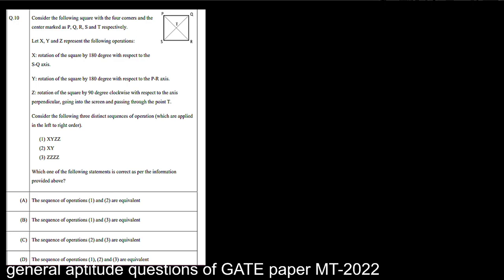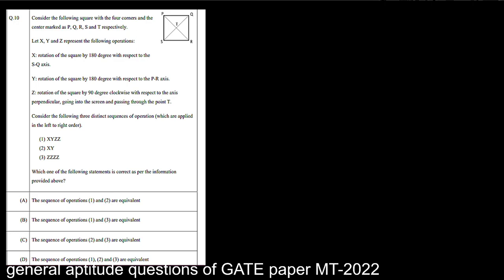The last operation, Z, says the rotation of the square by 90 degrees clockwise with respect to the axis perpendicular to the screen and passing through the point T. So operation Z is the rotation of this square by 90 degrees in a clockwise direction about the line passing through T, the center of the square, and perpendicular to it, that is, going into and coming out of the screen.